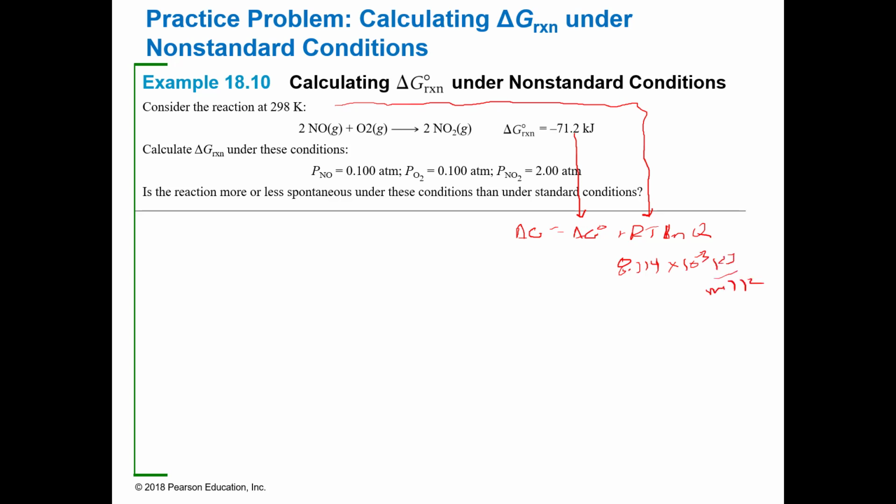I don't know how they're going to do it, but by doing that, everything's going to be in kilojoules. That's the whole thing. Everything has to be in kilojoules or kilojoules per mole in order for this to work.